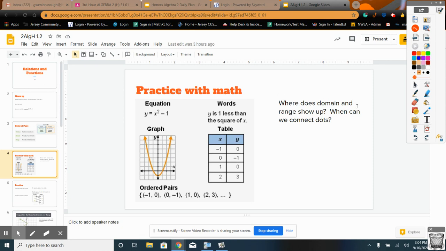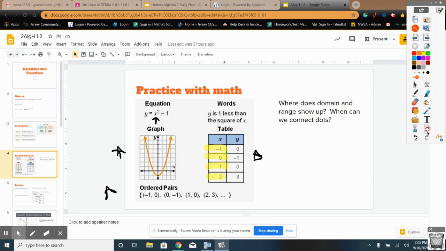So where do the domain and range show up in each of these? Well, equations, it's kind of tricky. It's basically what are you allowed to plug in for x. It's way easier to find domain in graph, table, and ordered pairs. The domain in the table is just those x values.